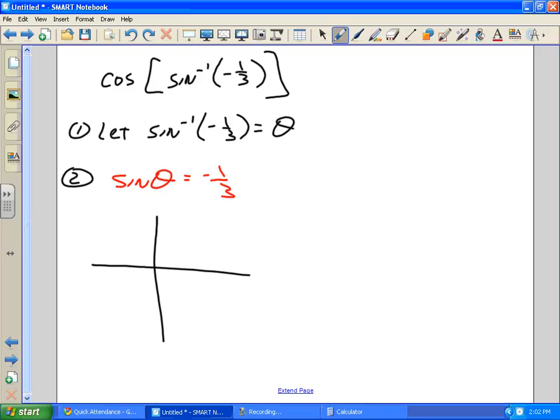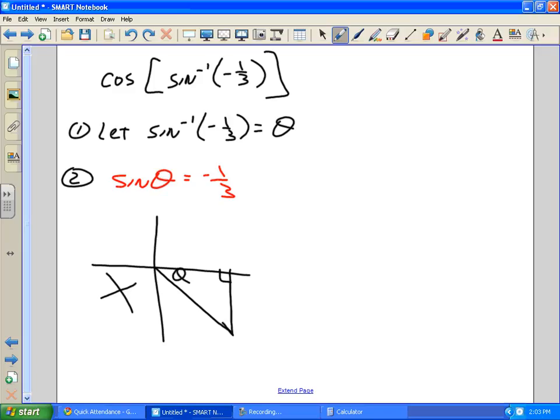Does that make sense? The sine is negative in quadrant 3 and quadrant 4, but the inverse sine is only defined from here to here, so it can't be a quadrant 3 angle, it's got to be a quadrant 4 angle, so I want to draw the triangle in the proper quadrant.